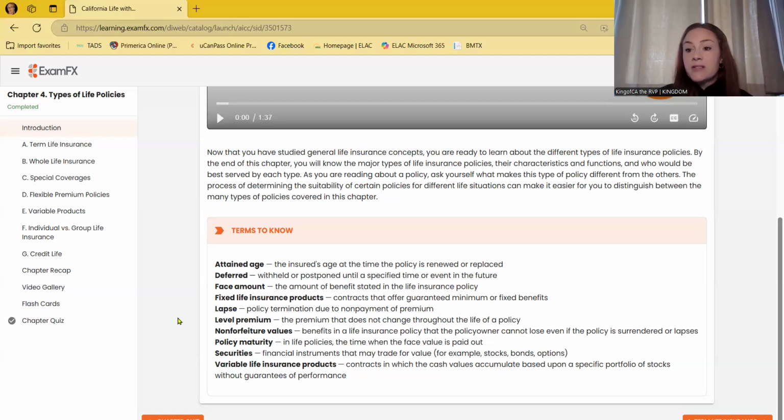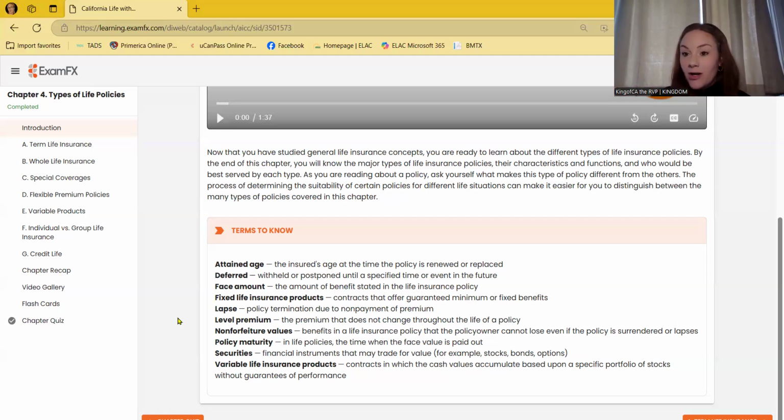Securities, we're going to learn a lot about securities, who needs their licenses for securities in order to do certain life insurance exchanges, what kind of registrations securities agents need, right?